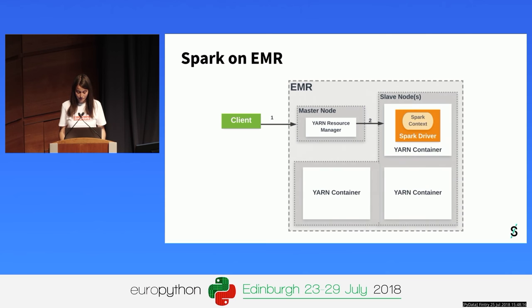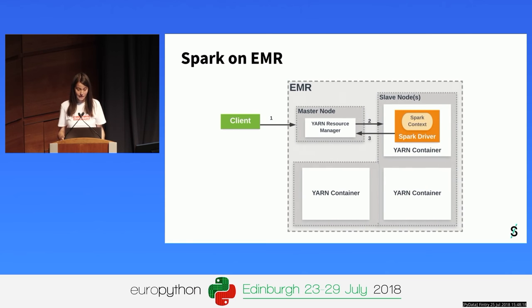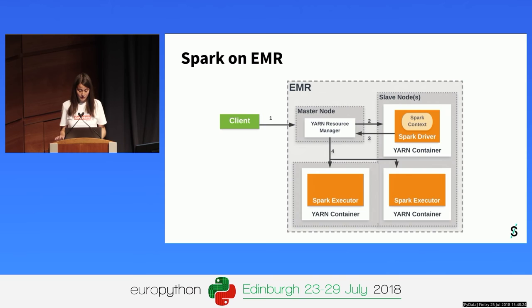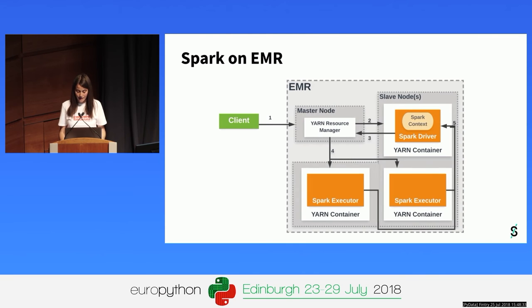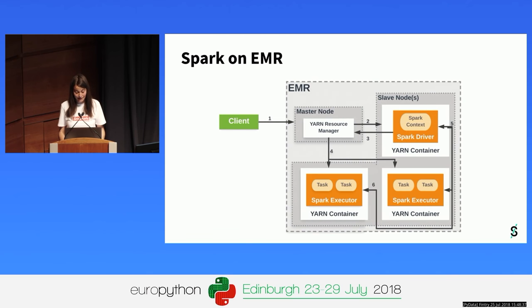Once we have this execution plan, the Spark context is going to ask the Yarn resource manager for executors to run these tasks. The Spark executors, which are running on different Yarn containers, are going to register with the Spark context, and this Spark context can then start sending tasks for execution to the Spark executors.